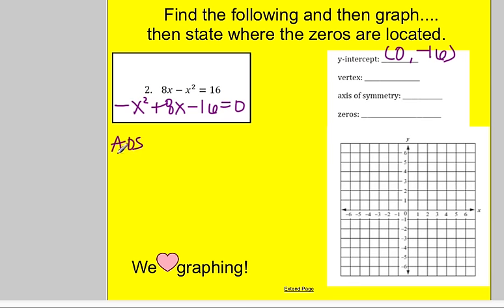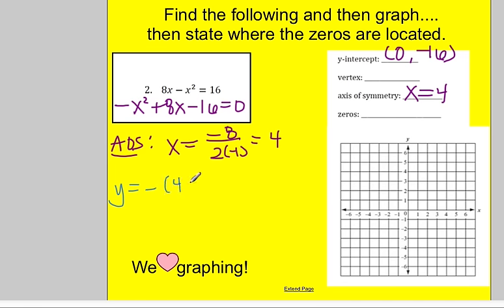The vertex and the axis of symmetry, let's find those, okay? So axis of symmetry, we would do x equals our -b, so -8, over 2 times our a, so -1. So we have -8 over -2, which is a positive 4, so my axis of symmetry is x equals 4. Then in order to find the vertex, remember we plug in 4, so we have -4 squared plus 8 times 4 minus 16.